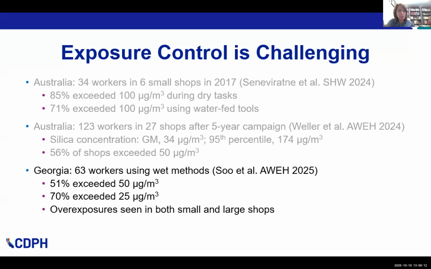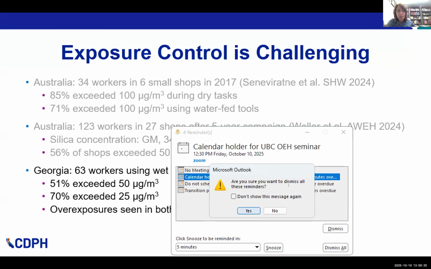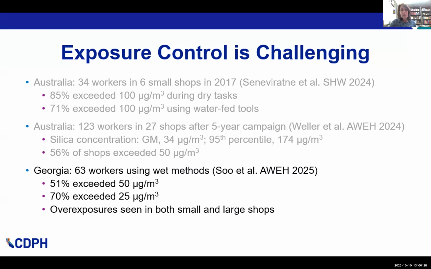And we see something similar in the US, in Georgia. There's a group at Georgia Tech, a university that provides consultation for the federal OSHA.